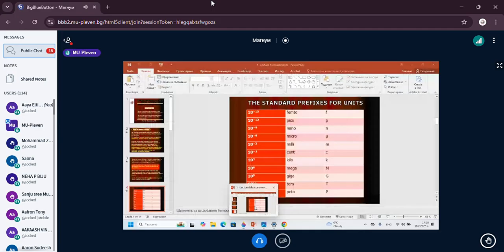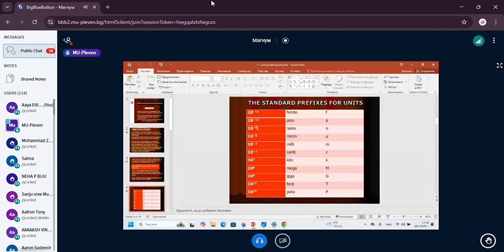Micro is given here as 10 power minus 6, but I told you regarding the sign. It can be minus or plus depending on the specific example, whether big into small or small into big units are to be changed. So the exponent here is 6 in micro.